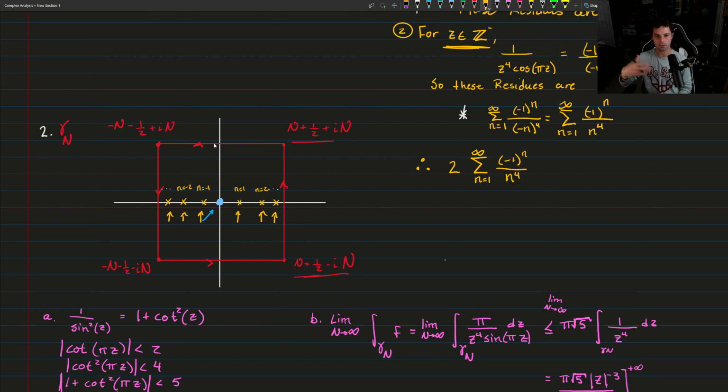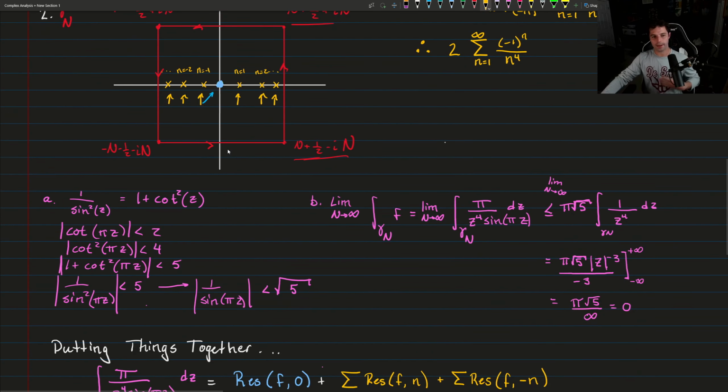Okay, so that's what we're going to be trying to do. We're going to try and find this integral within this gamma, and then use those residues to do that. In order to take our integral over this gamma, we've got to bound our function. So we have this identity: cosecant squared is equal to 1 plus cotangent squared.